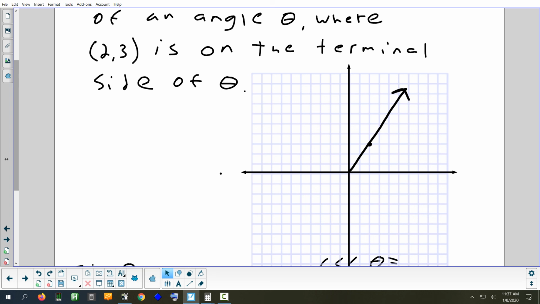The initial side is always where? Jared? On the positive x side. It's on the positive x-axis. Here's your initial side. This is theta, right there.